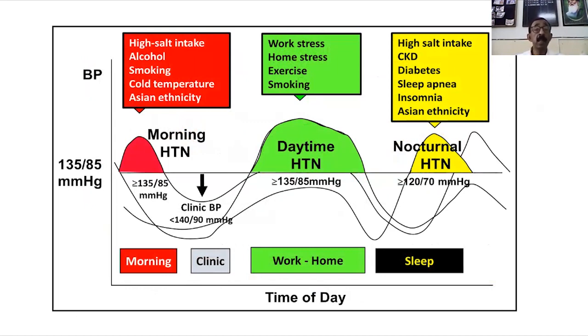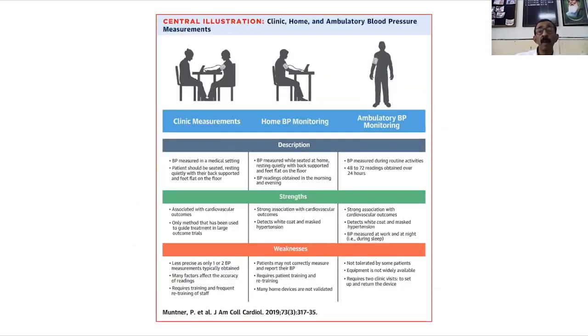And these on the top are the probable causes of this hypertension. Morning hypertension could be due to different causes. Daytime hypertension could be due to causes like work stress, home stress, exercise, smoking, etc. Nocturnal could be due to obstructive sleep apnea, insomnia, diabetes, and so many other things. So we can classify the patients as per ambulatory BP monitoring recording.